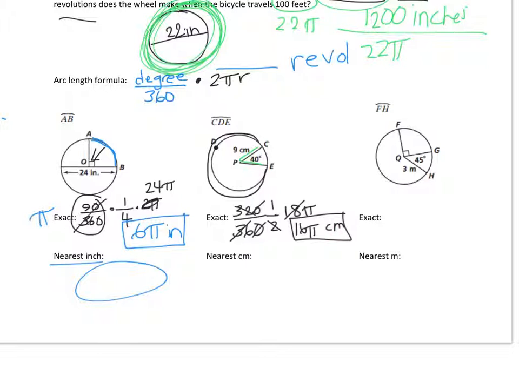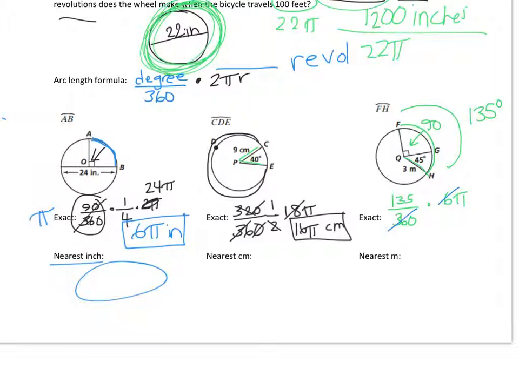And then FH, this arc right here. So if this is 90 degrees central angle and this is 140, the whole thing is 135. So do 135 divided by 360 and then multiply it by their circumference, which is going to be 6 pi. Now I'm going to see what I can cross off. 6 divided by 36 is 1/6.